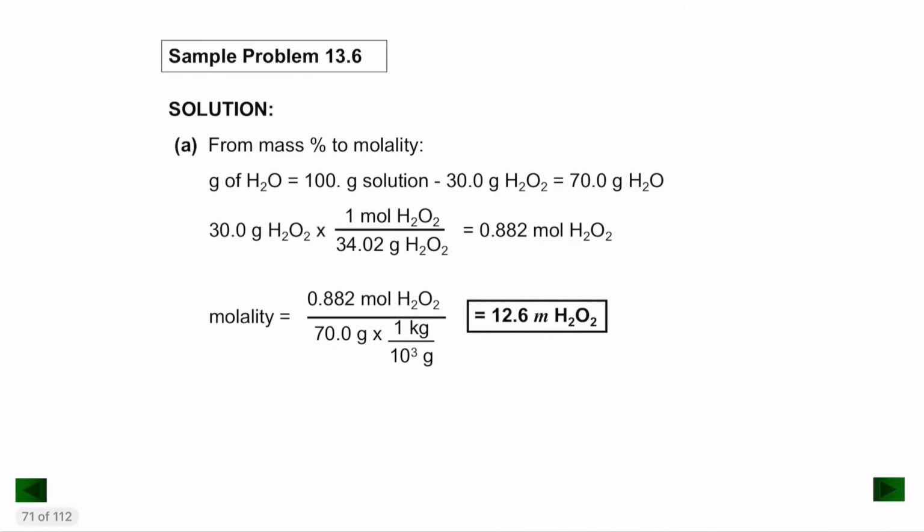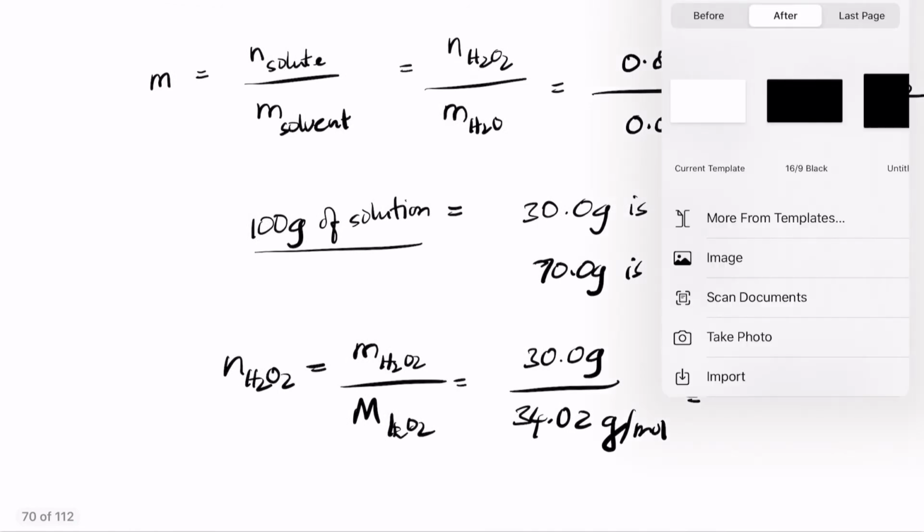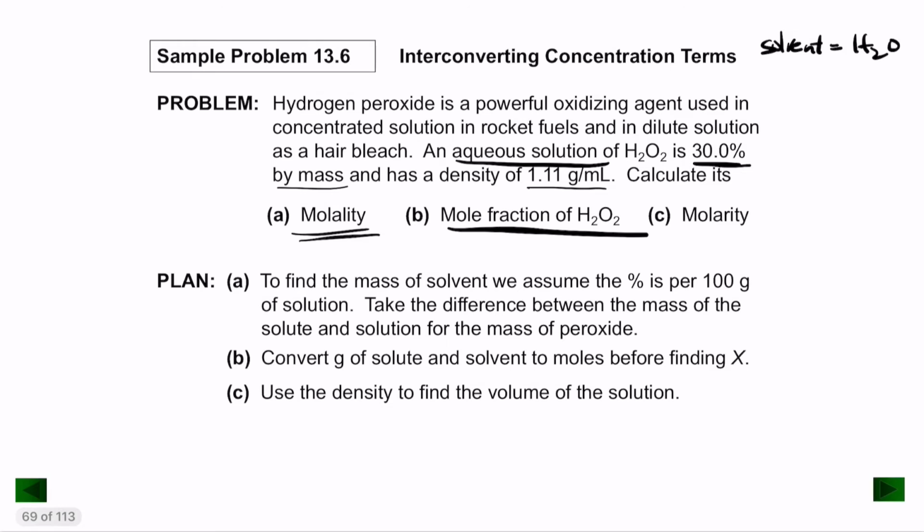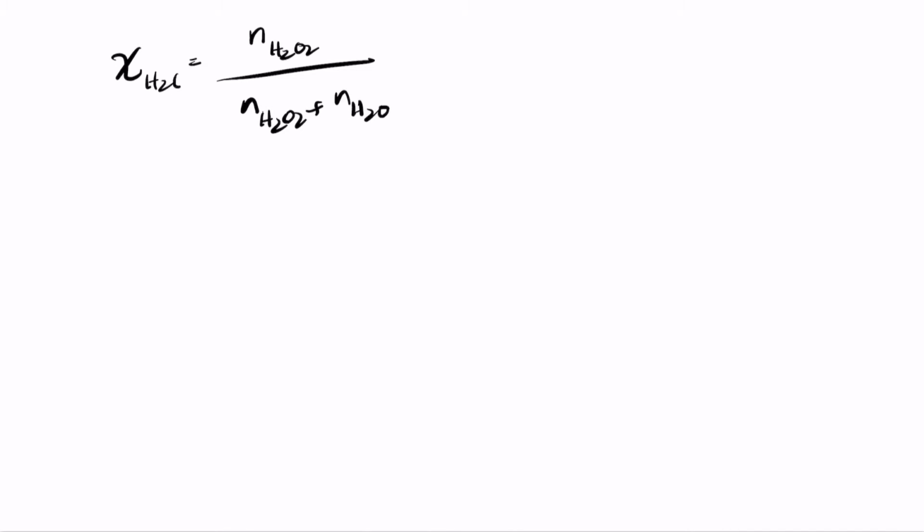They've already given us the mass percentage. But notice that mole fraction requires the number of moles of H2O2 by the total number of moles of H2O2 plus the number of moles of H2O. How would you find the number of moles of H2O2?